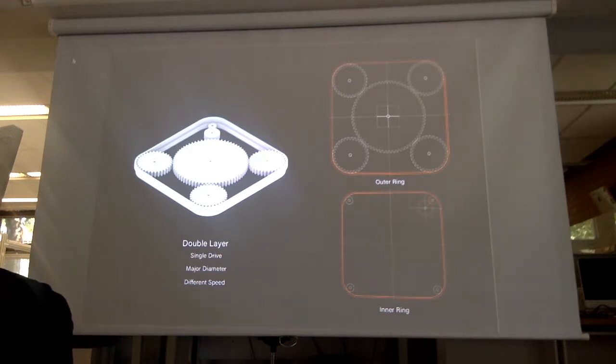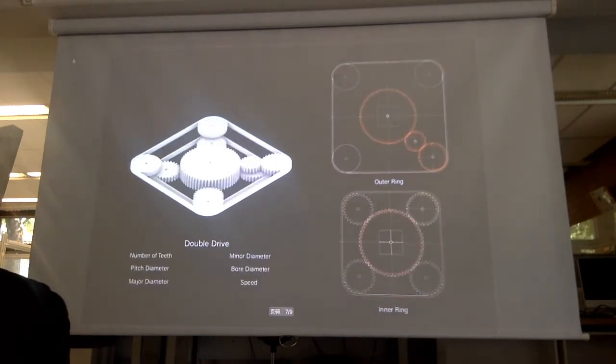But there were some problems with this try because the speed of the different rings is different. So I didn't want to do that. I want them to keep the same speed. So in the next two weeks I tried the double drive. You can see that it has two levels.